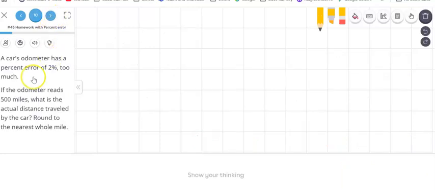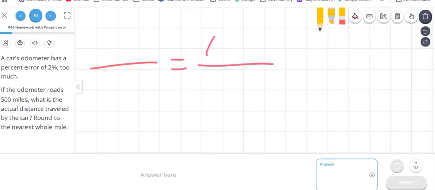Okay, last one. The car's odometer has a percent error of 2% too much. So that's going to be 102% because you're going to add 2%. 100 plus 2 because it's too much over 100. If the odometer reads 500 miles, what is the actual distance traveled by the car?